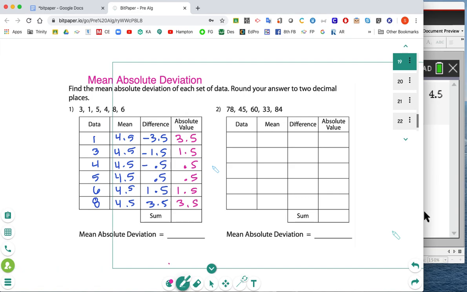All right, so now what we're going to do is we're going to go ahead and add those numbers up. So when I add 3.5 and 1.5 and 0.5 and 0.5 and 1.5 and 3.5, I get 11.